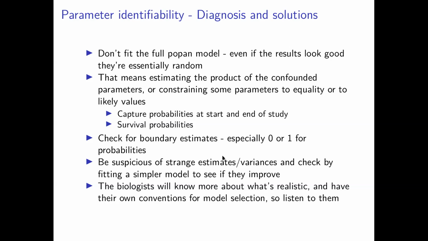If you see strange estimates or strange variances of your estimates, you should be suspicious that you might have an identifiability problem, and you can check both of these cases by fitting a simpler model and seeing if the estimates improve.